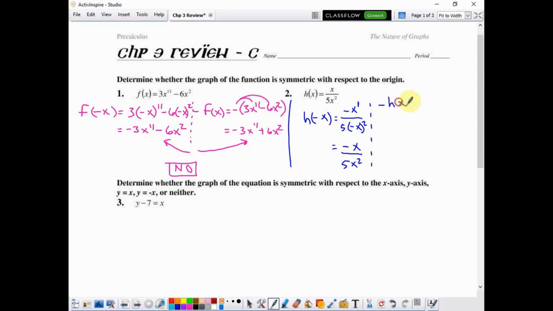The opposite of h of x is negative x over 5x squared. And this negative in the front, I can leave it in the front, or I can put it in the numerator or the denominator. Now, this one over here has one in the numerator, so I'm just going to match that.